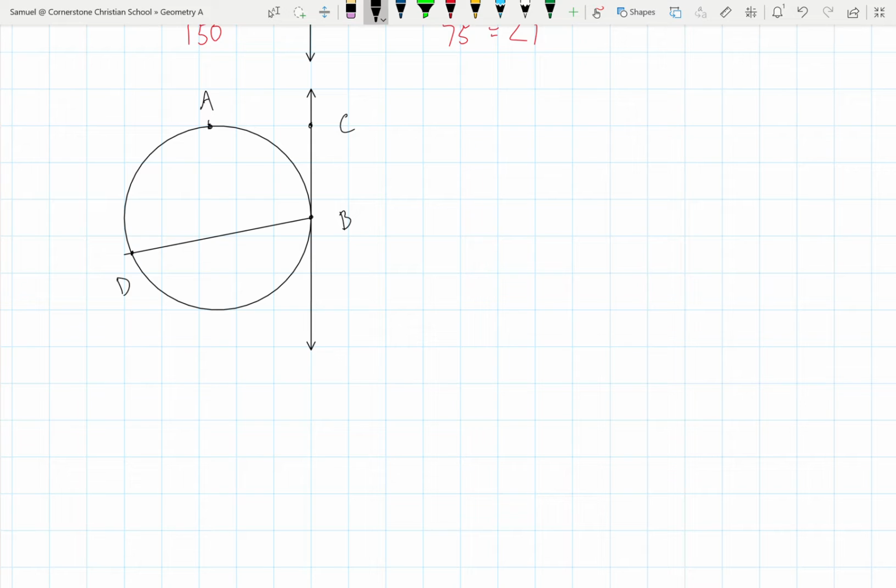I'm told some information. I'm told that angle CBD equals 5x. And so again, that angle that we're talking about right here is this whole piece. CBD equals 5x.